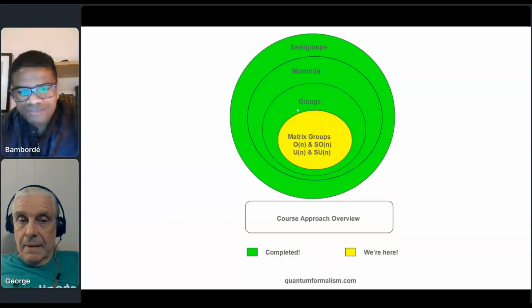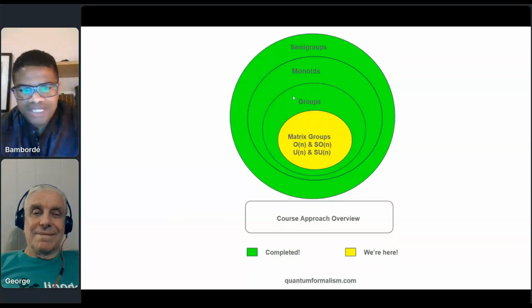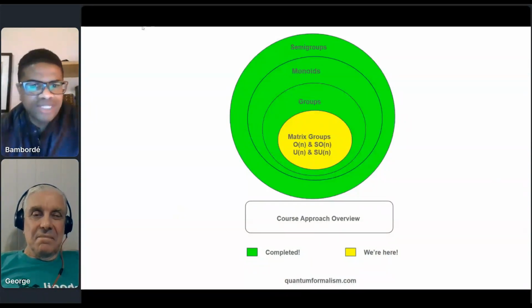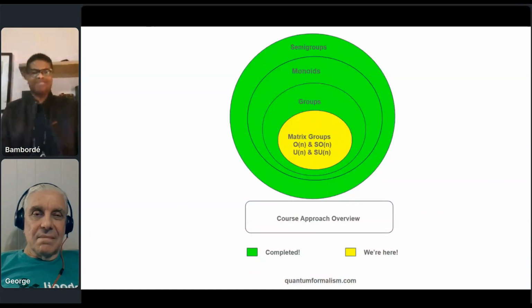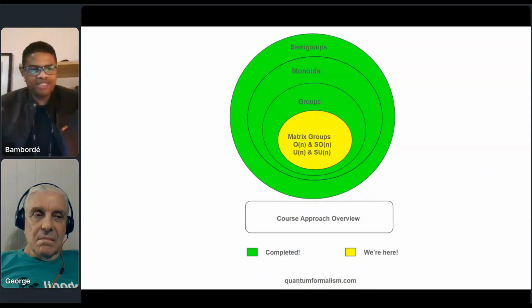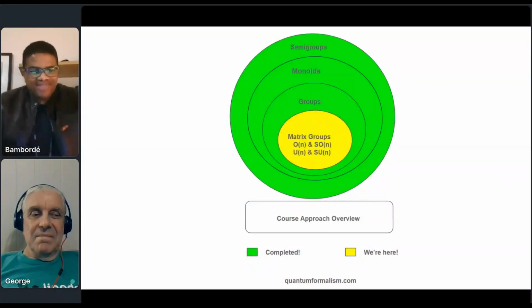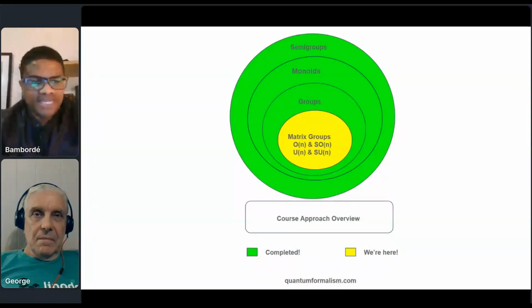So we are here finally. The green stuff is what we completed. We completed all we need from abstract group theory, the notions, the concepts. We looked at some interesting groups, starting with, I think, the first special type of group we looked at, cyclic groups, right? We looked at those and their application in cryptography, in this case, the Diffie-Hellman stuff.